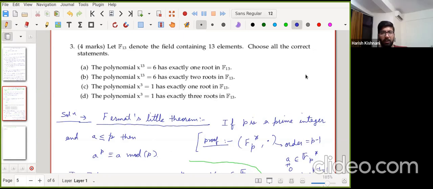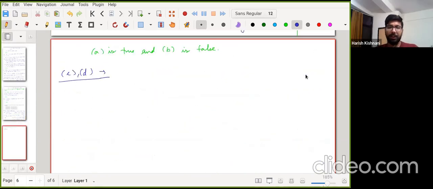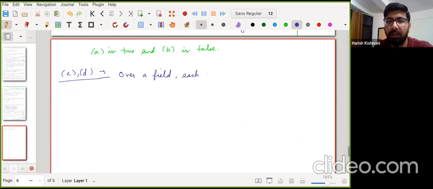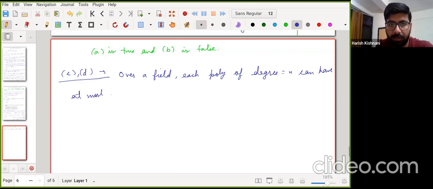So first of all, one has to say that over a field, each polynomial of degree n can have at most n roots.